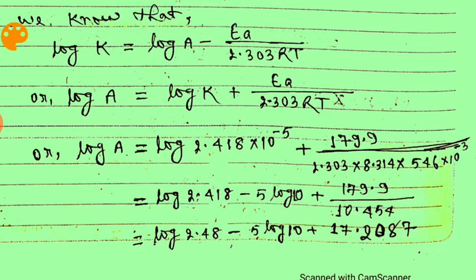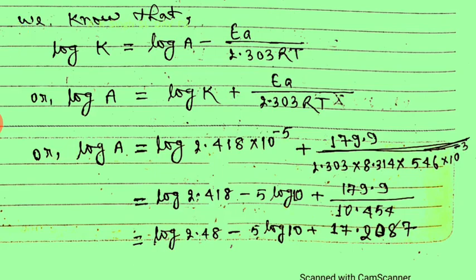Now it is equal to log 2.418 minus 5 log 10 plus 179.9 by 10.454. It is equal to log 2.48 minus 5 log 10 plus 17.2087.